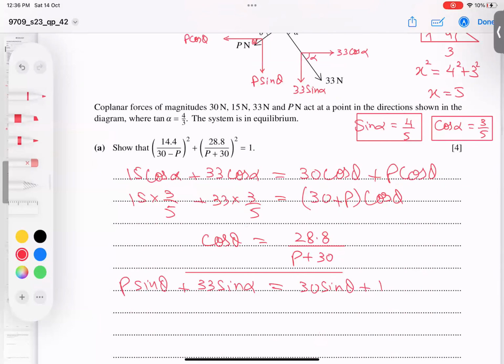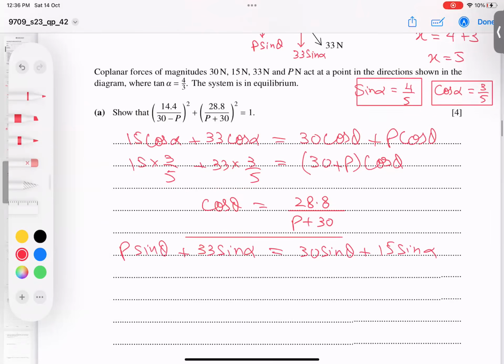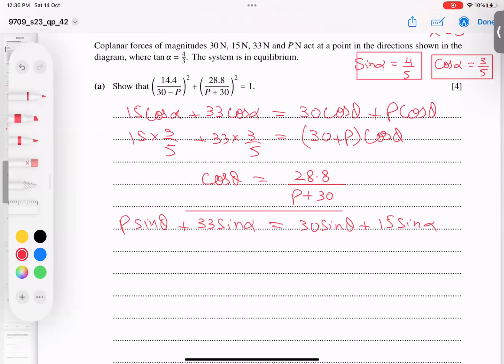I believe up to here nothing is hard. Now I can put in the values. Sine alpha is 4 over 5, which will come here and here. And you can see that this is 30 minus P, not P minus 30. So I will bring this all to the other side. Why, sir, 30 minus P? There's a logic behind it. I follow the instructions, what the target to prove is.